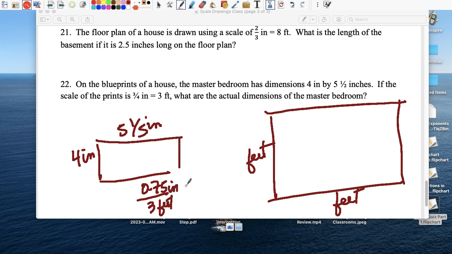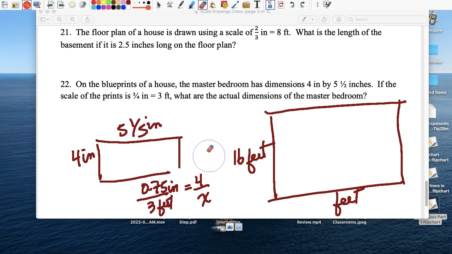Right, that's the scale. So if you have 4 inches on your map, how much would that be in real life? And that's x. Cross multiply, we get 0.75x equals 12. Divide both sides by 0.75. 12 divided by 0.75, and you get 16. So here x equals 16. So that means this side, which was 4 inches on the drawing, is actually 16 feet.